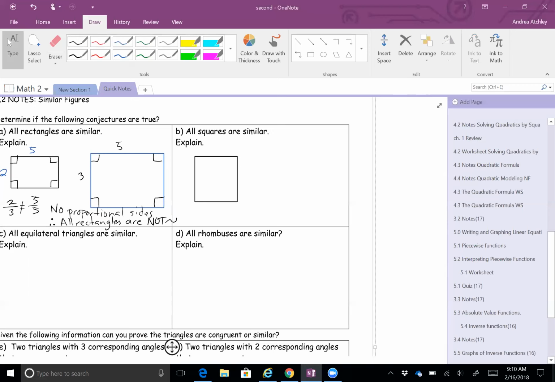All the sides are congruent. That's one part of it. What else? All right angles. So we have all congruent sides and all right angles. They have to have both. Okay, so you guys pick the measurement of your side of your square, and I'll pick the measurement of my side of my square.